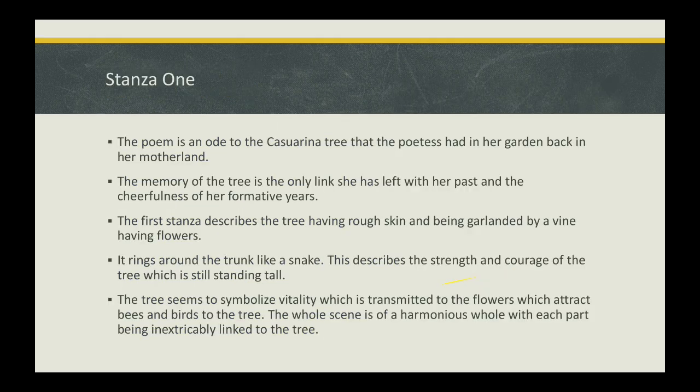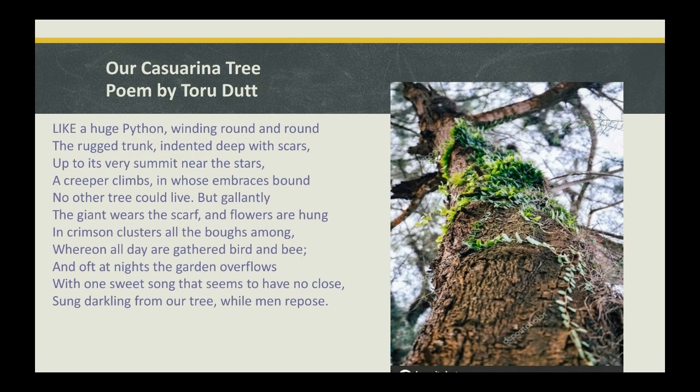The first stanza gives a vivid picture of a huge Casuarina tree, and what is happening to it. What are the other things we may see in an old Casuarina tree? That is what is mentioned in the first stanza.